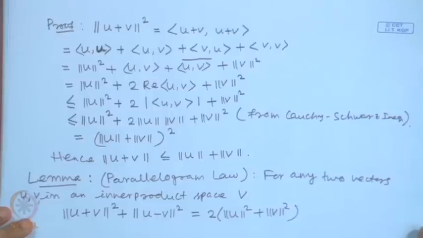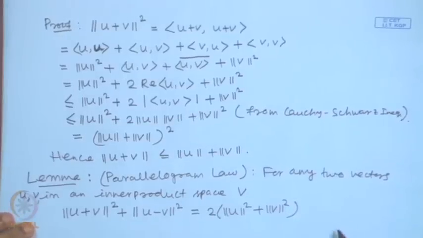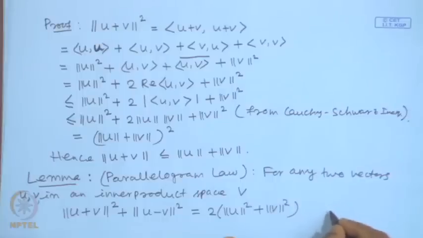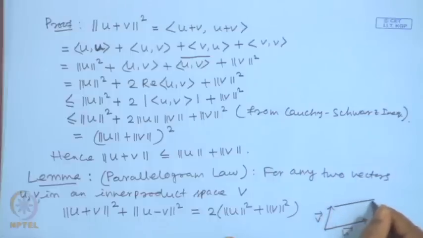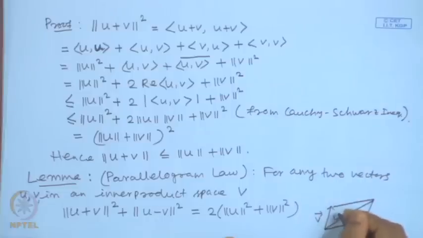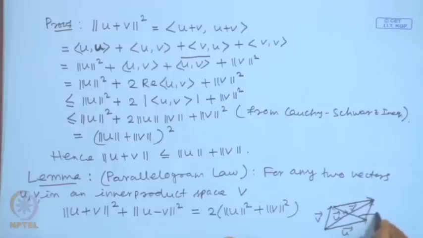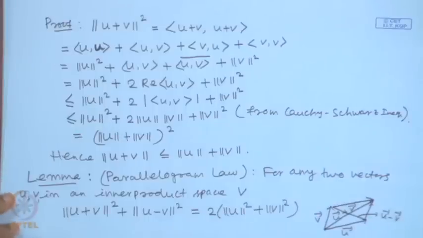This also has a geometrical interpretation: if we have a parallelogram with sides vector u and vector v, and we complete this parallelogram, then one diagonal will represent the vector u plus v, and the other diagonal represents the vector u minus v.